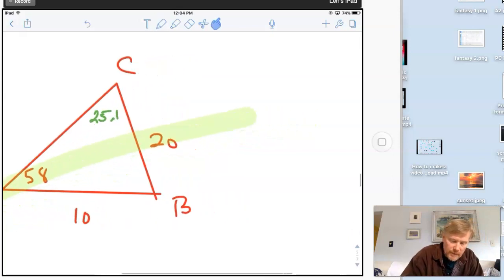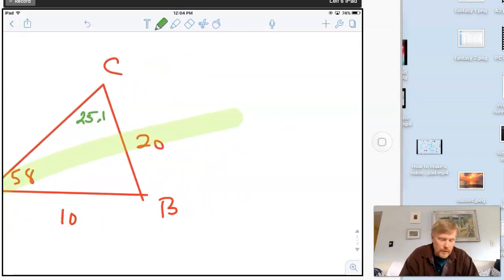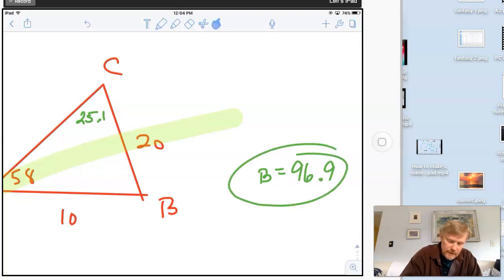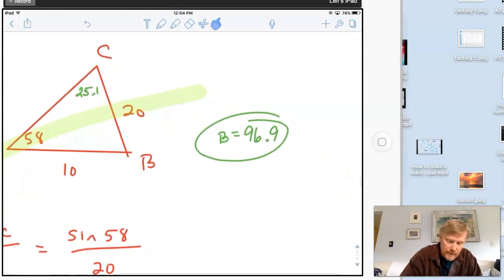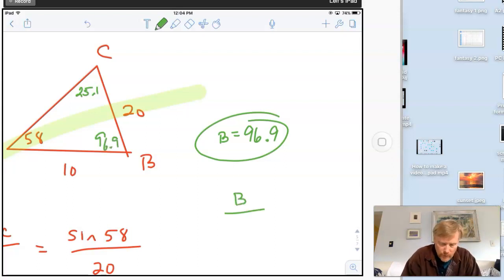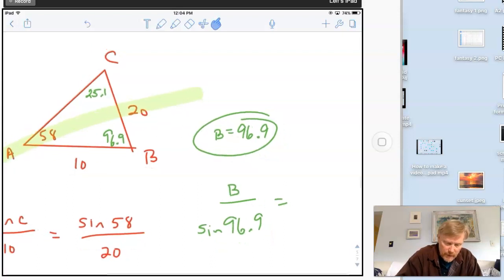If I add up the two angles and subtract from 180, I get that angle B is going to be 96.9. Okay. The last thing I have to do is find the missing side, which is B. So I'm going B over the sine of 96.9 equals, and I can reuse angle A and side A, so 20 is the side, over the sine of 58.